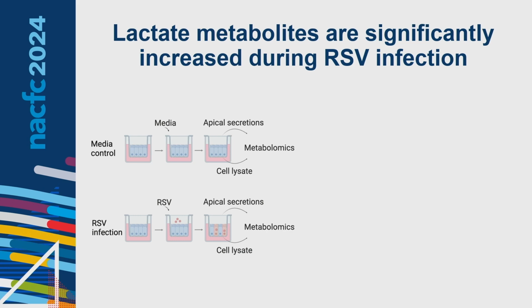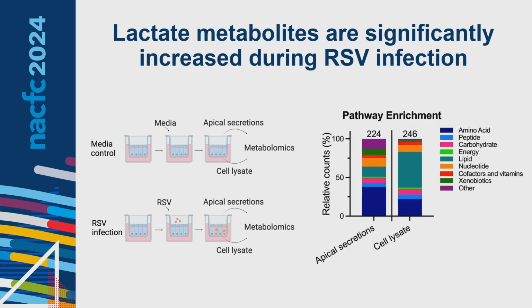And in this model, we can infect our cells with RSV and then separately collect the cell lysate in order to assess what is happening inside our epithelial cells metabolically during infection, and then apical secretions, which is the environment in which Pseudomonas would be living in the lung. And so overall, during RSV infection, there are a lot of pathways being modified, both inside the cells and in what's being secreted into the apical secretions.